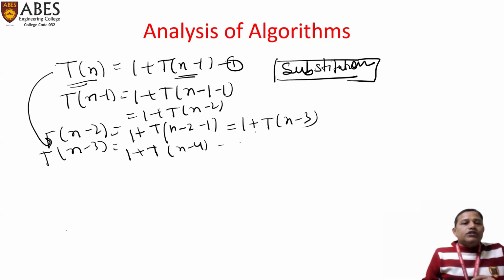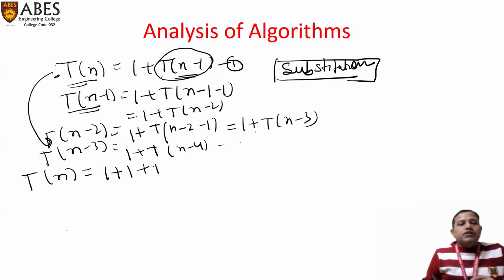Put all these values in equation number 1, so we can find the recurrence like 1 plus. First we will put the T(n minus 1) value from here, that is 1 + T(n minus 2). This will be 2 + T(n minus 2). Now put the value of T(n minus 2) from here.